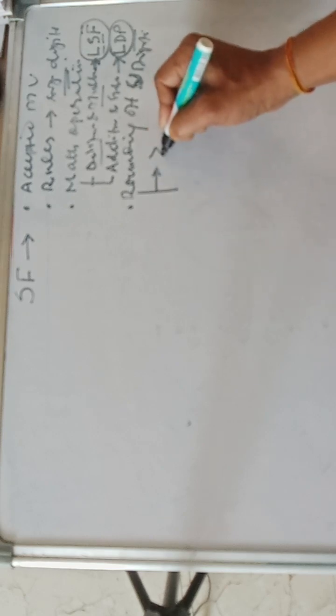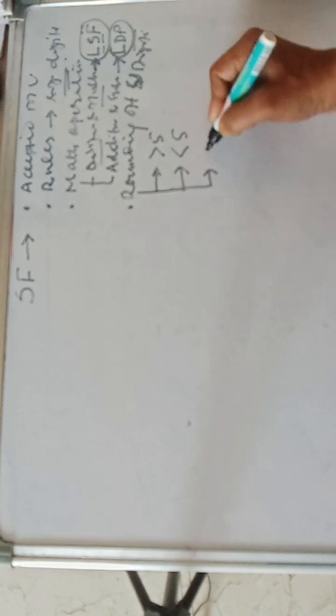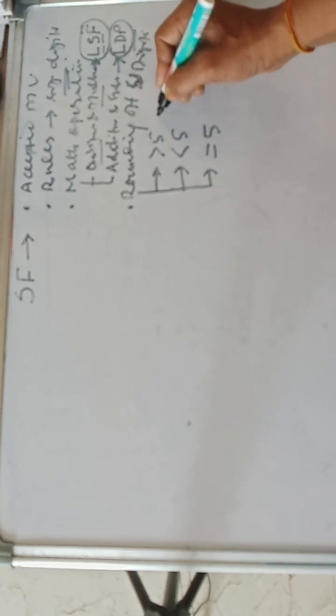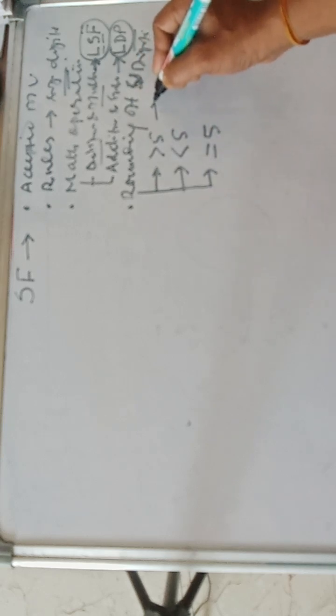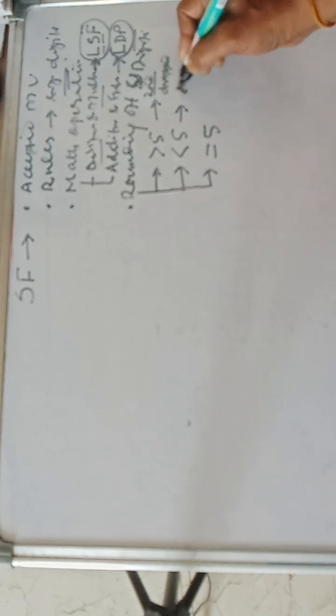If it is greater than 5, the second uncertain digit will be dropped. If it is less than 5, again the second uncertain digit will be dropped. If it is equal to 5 also, the second uncertain digit will be dropped.